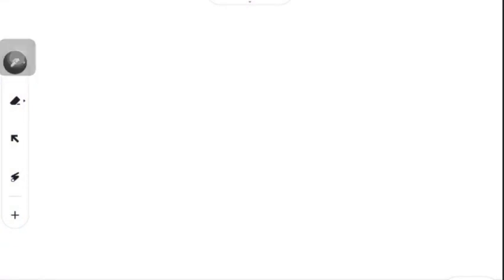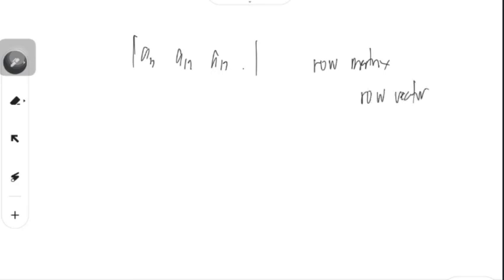So if we have only one row, let's say A11, A12, A13, and so on, that is also considered as a matrix. But since there's only one row, it is considered as a row matrix, no? Or sometimes it is called a row vector.